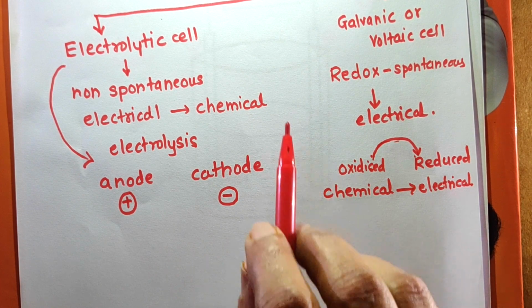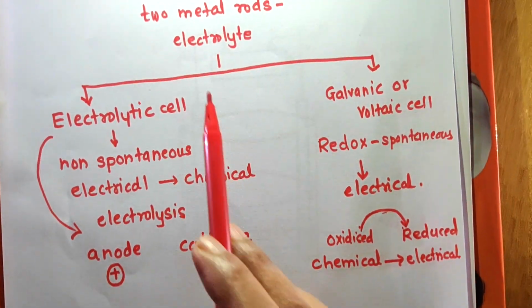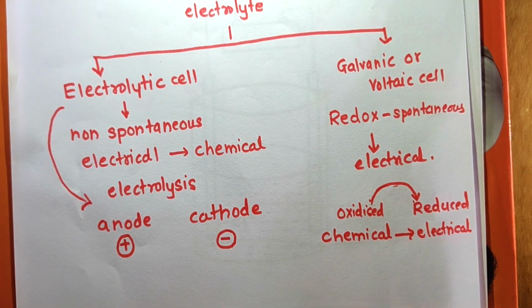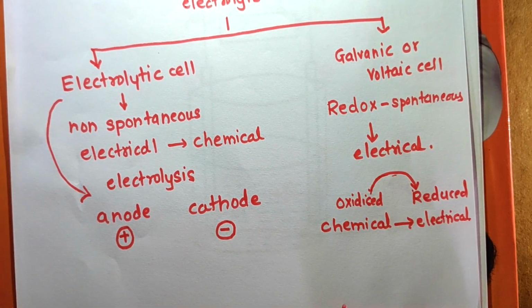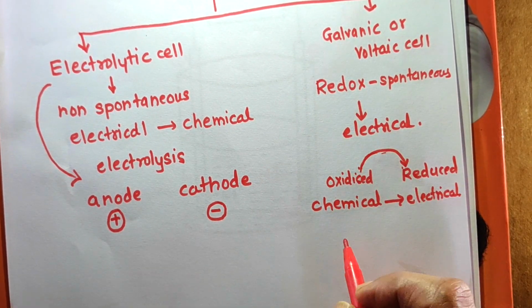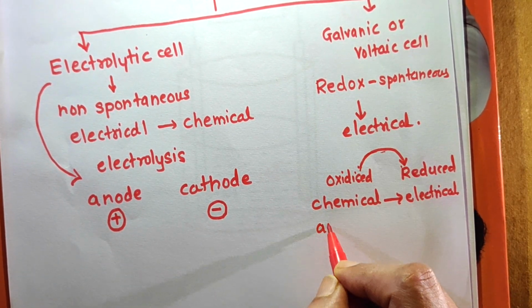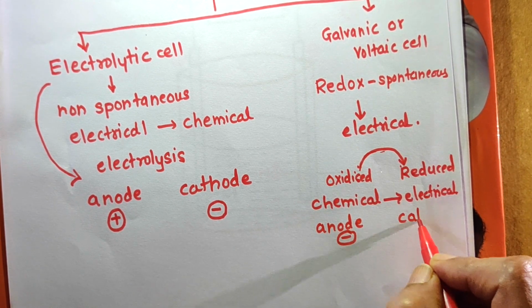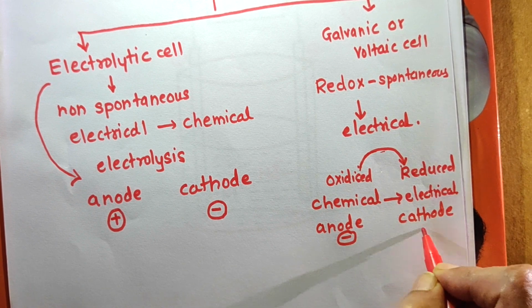Here again we require these two parts, that is two metal rods and electrolyte, the solution where redox reaction takes place. Now here remember, in galvanic cell or voltaic cell, anode is negatively charged and cathode is positively charged.